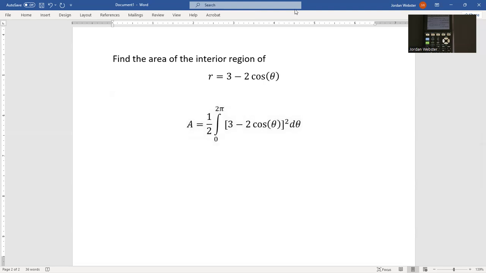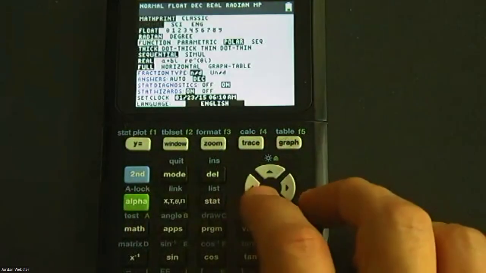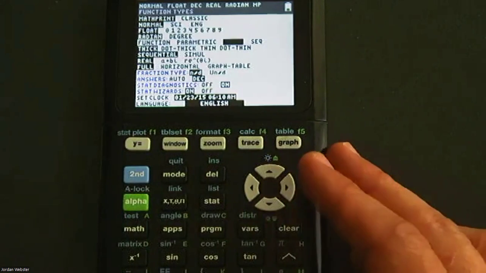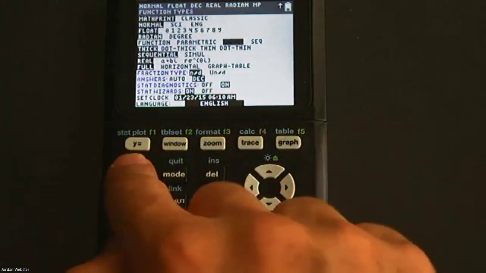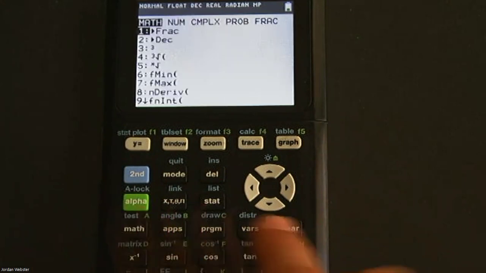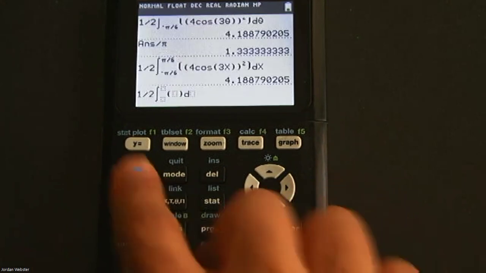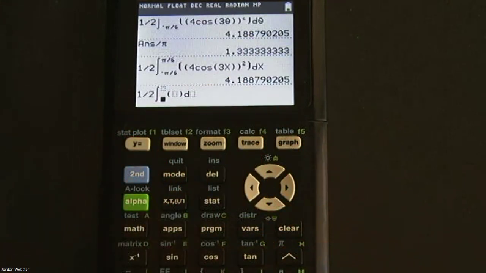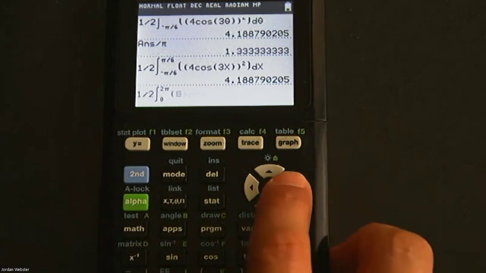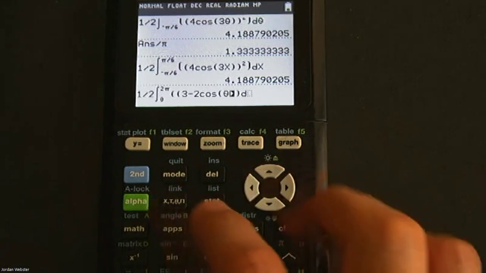If I wanted to do this in my calculator, again, I prefer to utilize the polar mode. So hit polar, make sure that's in polar mode. And then when I start my calculations, I just hit 1/2 math 9, integrate from 0 to 2 pi. And then be careful with the 3 minus 2 times cosine theta.